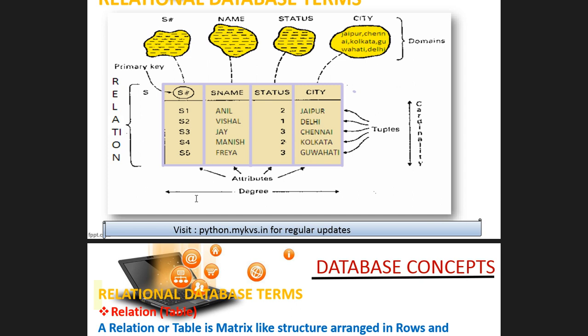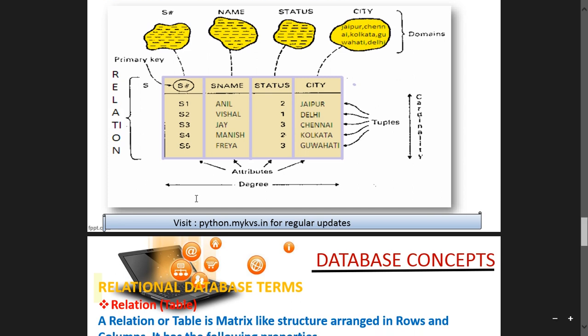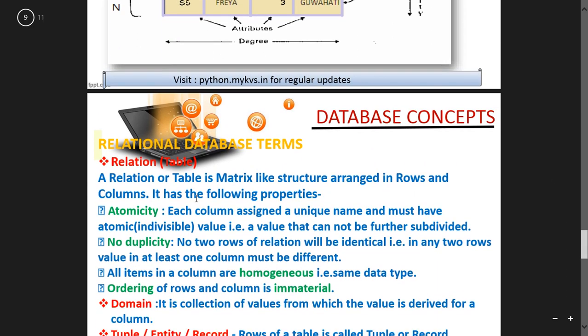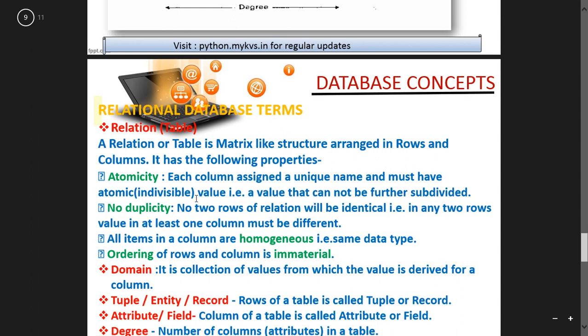That means even if the name, status and city are repeated, a student's number will never be repeated. Correct? So that becomes a primary key. So redundancy or duplication is removed with the help of a particular key or column inside the table, which will never have a duplicate value. So the property of relation is that no two rows of a relation will be identical.